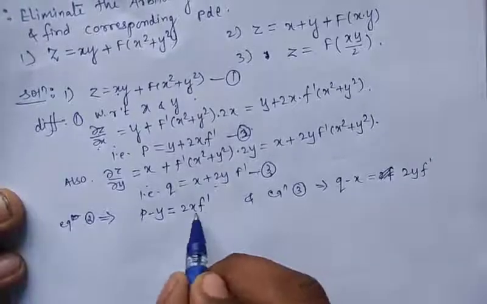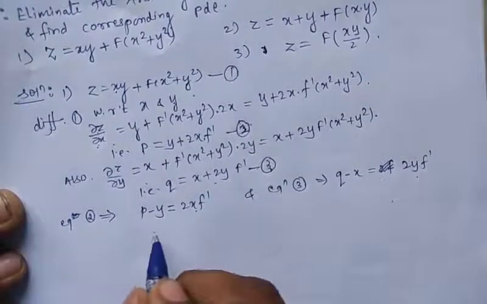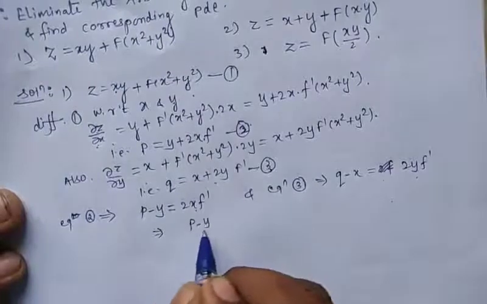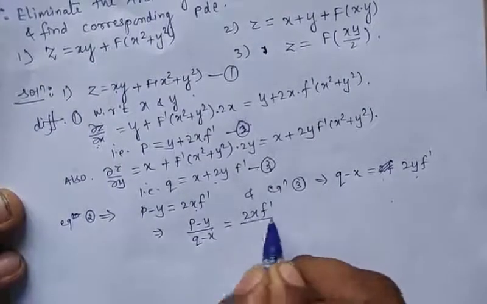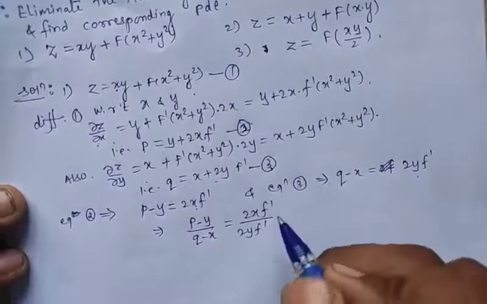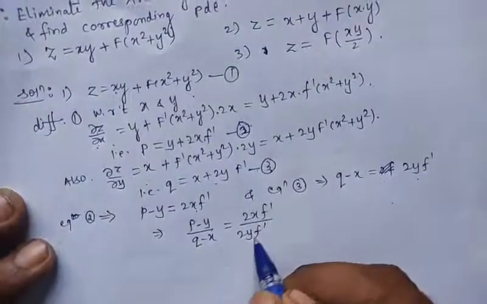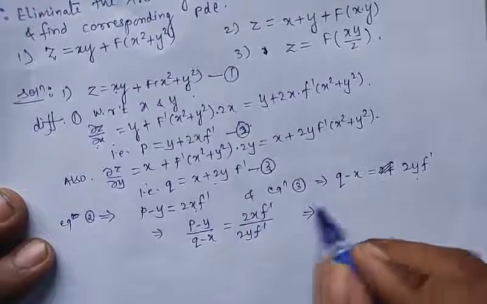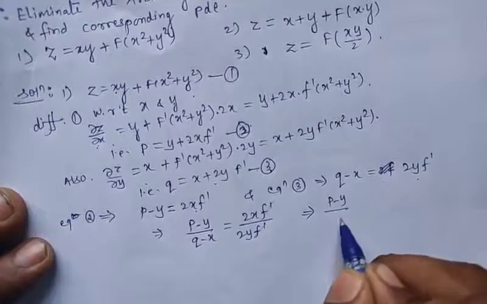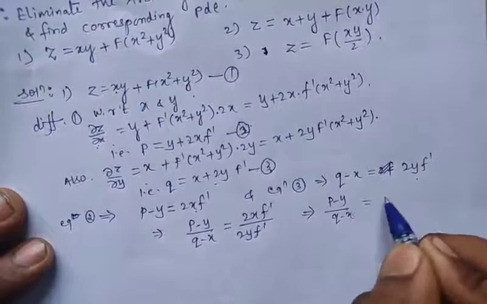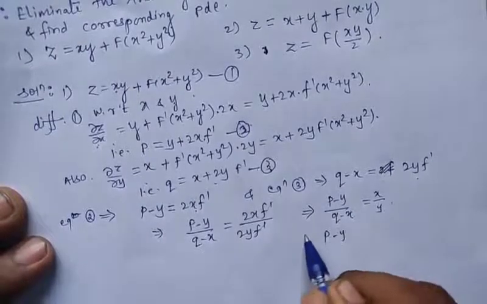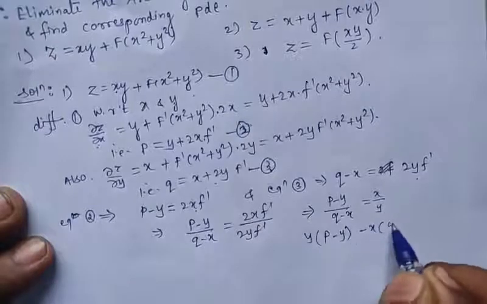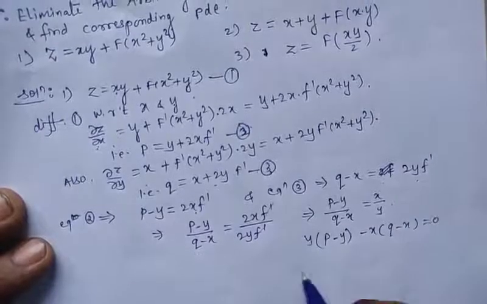Dividing this equation by this equation, we get p minus y upon q minus x is equal to twice x f dash upon twice y f dash. So f dash will get cancelled. What will be the remaining term? p minus y upon q minus x equal to x upon y, the 2 getting cancelled. So cross multiplying, (p minus y) into y is equal to (q minus x) into x.